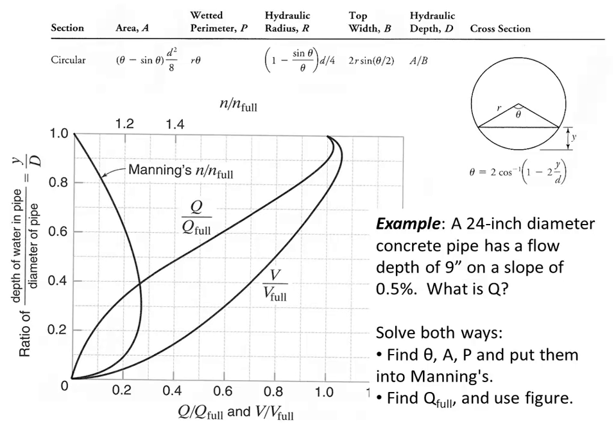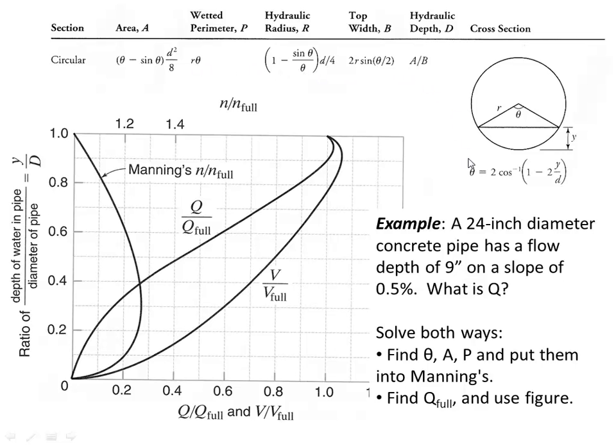And so you can see that there's some angle that is measuring from the water surface intersection points with the channel and the center of the pipe, some angle measured in radians. If you know that angle in radians, then you can calculate the area, the wetted perimeter, hydraulic radius, top width.